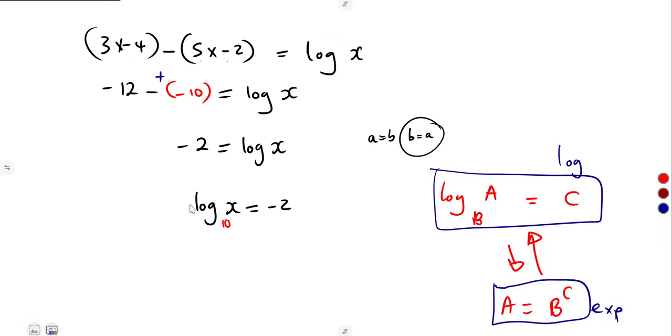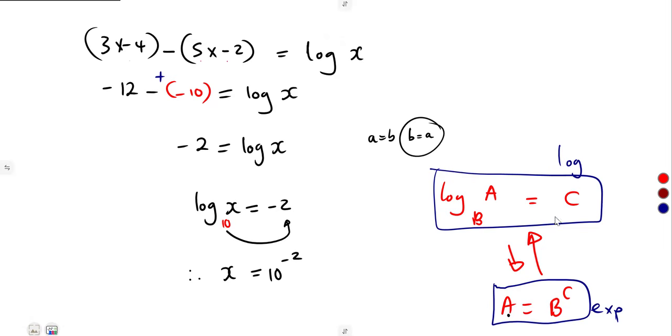So what represents our A? Log of x in base 10. Our A is x. So from this log, we can convert it to an exponential. x, representing our A, is equal to B to the exponent of C, the base raised to the power: 10 to the exponent of -2.